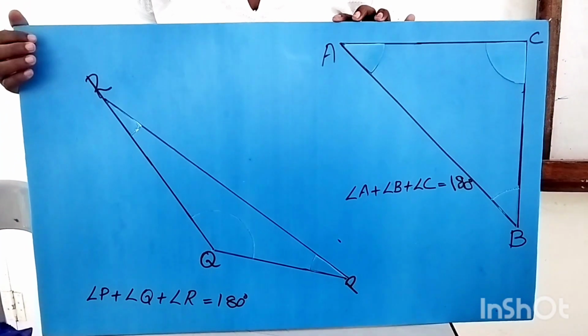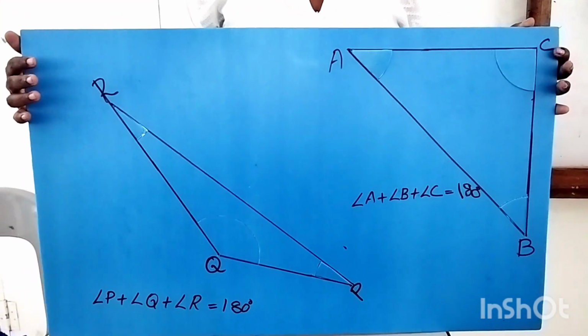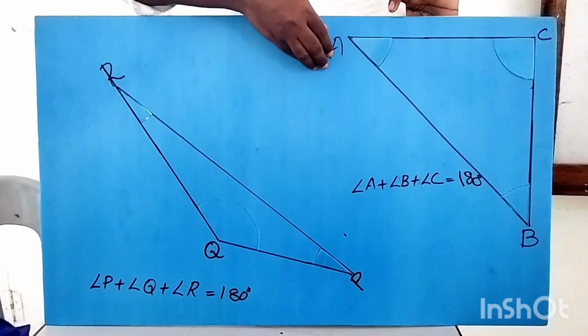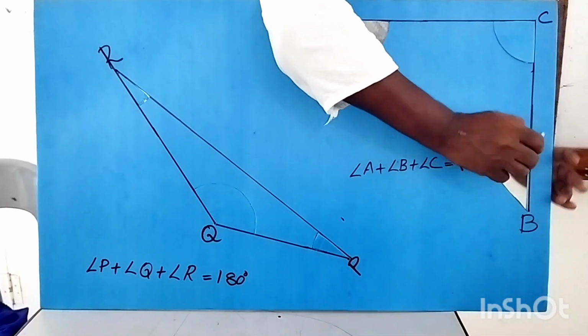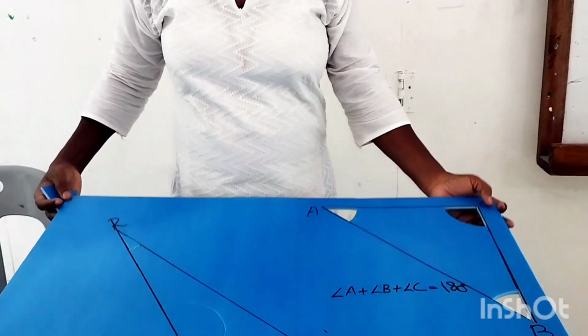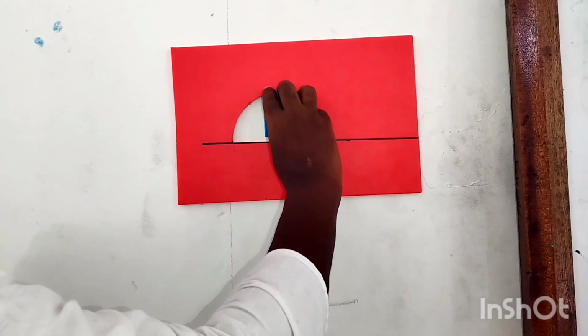Okay, next we are going to the activity. So here in this board there are two triangles. Okay, triangle ABC and triangle PQR. So from this triangle ABC I am going to remove all the angles. And next I am going to paste this in a semicircle.